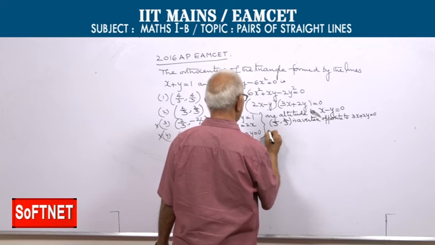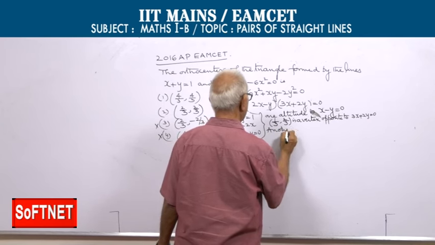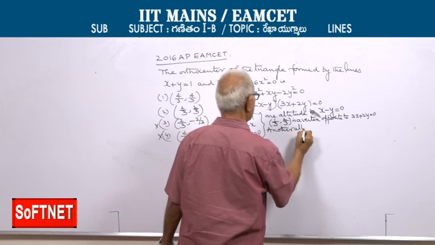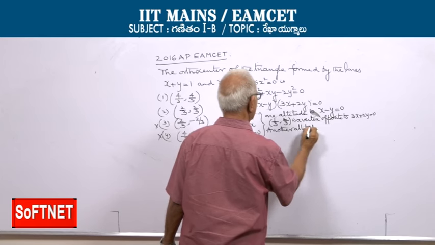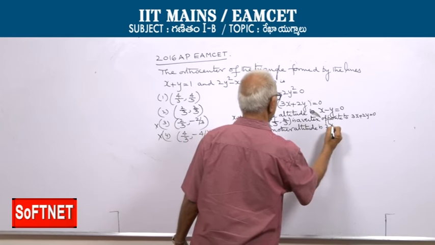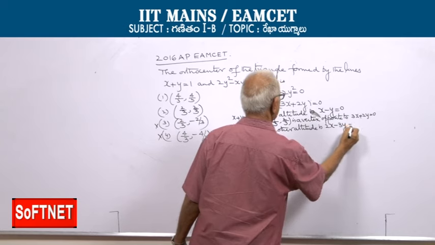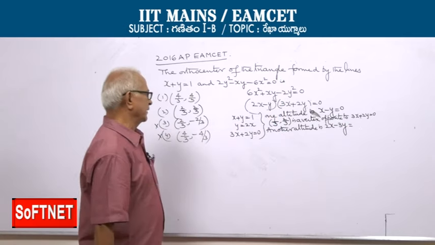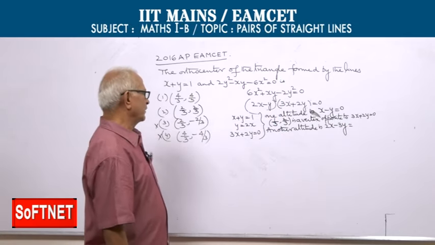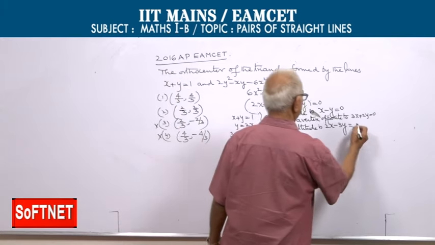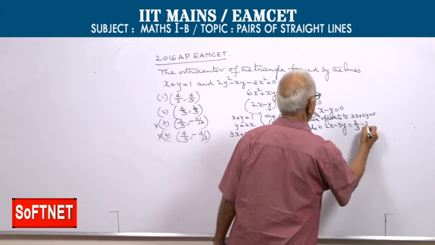Therefore another altitude is (2x - 3y) passes through 1/3, 2/3. So 1/3, 2/3 minus 2 minus 4/3.